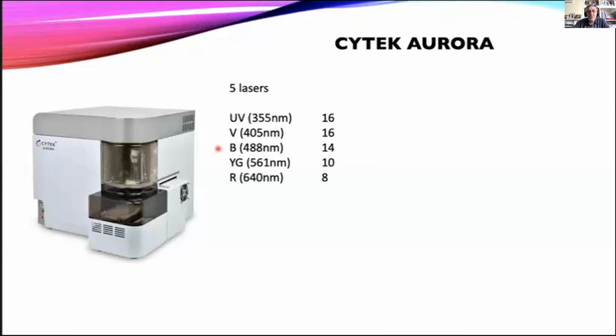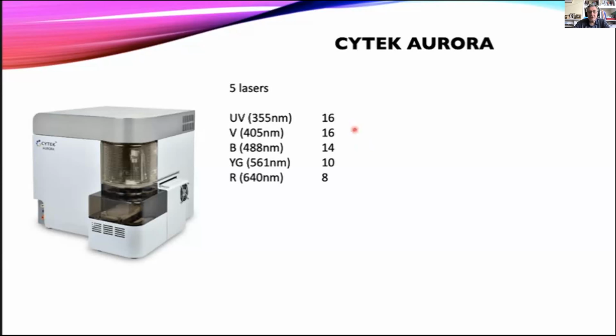One difference, as we saw when we've looked at full spectrum analysis before, is that we don't have one detector per fluorochrome, but we have a range of detectors for each laser line. The numbers here in the right-hand column represent the number of detection channels that we have for each of those lasers.